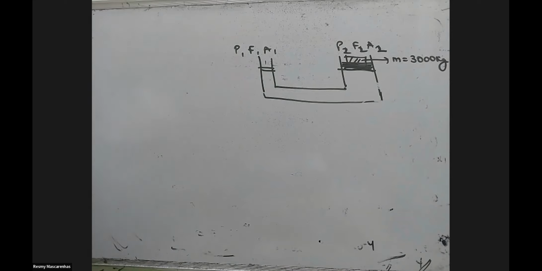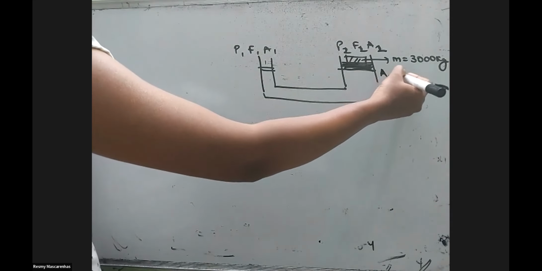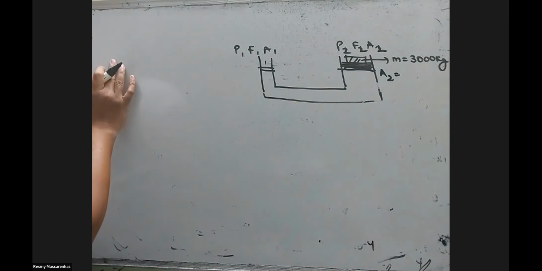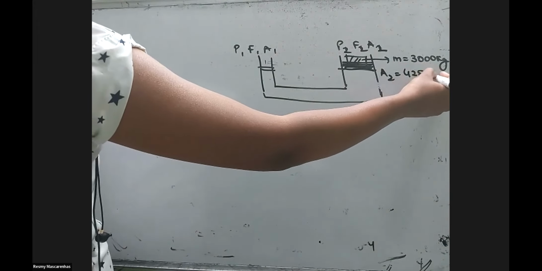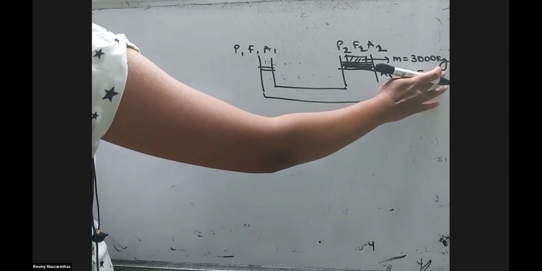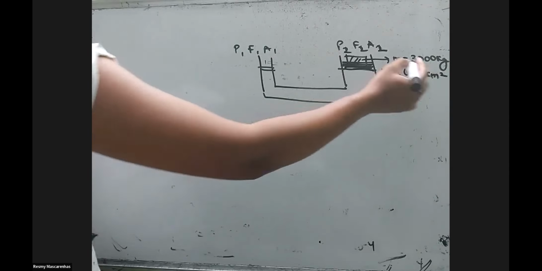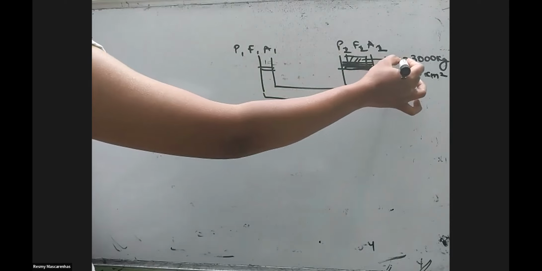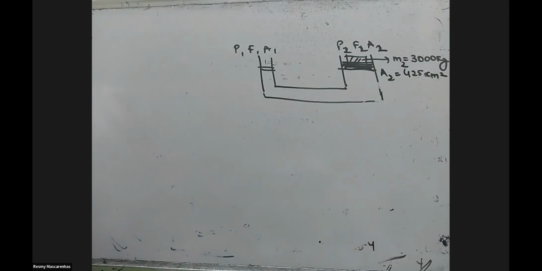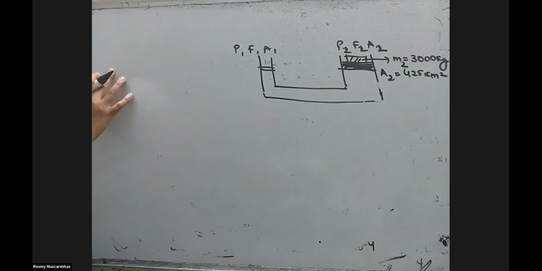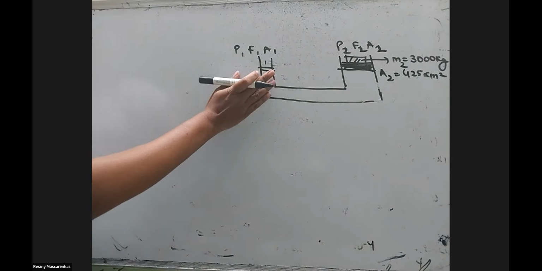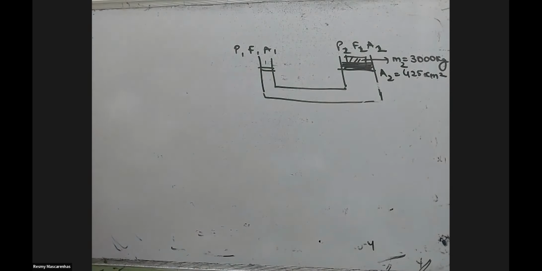The area of cross section of this part, A2, has been given as 425 centimeters squared. Mass 1 is not given, so on this side I'll use the letter M2. A2 is also given, and on this side pressure has been asked to be calculated.